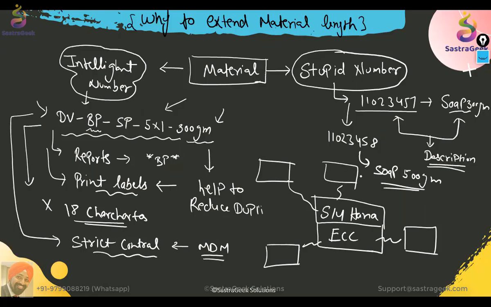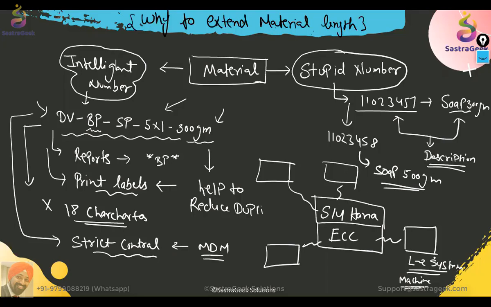We faced this problem when we were working on an ECC project and integrating with the level 2 system. Level 2 is basically the machine system. In a steel industry, we had very intelligent machines from Germany. They have their own production orders within the machine. They have their own set of master data, production numbers, even material codes. It's basically a big machine line controlled by a big system which has been installed, and that system has its own intelligence.